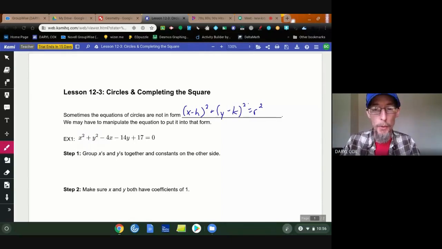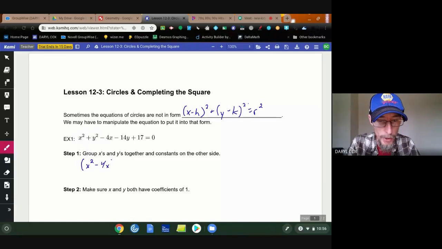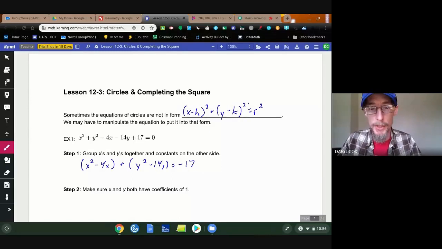Okay. So a couple steps to go through to figure these out. The first step is let's group all the x's and y's together. So I'm going to set up a grouping of x squared minus 4x, plus, group my y's together, y squared minus 14y. And I'm going to move the 17 to the other side, so that's by subtracting 17 on both sides.